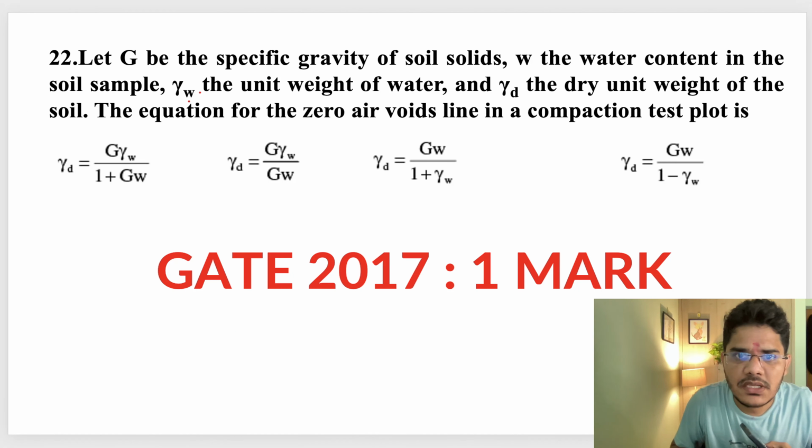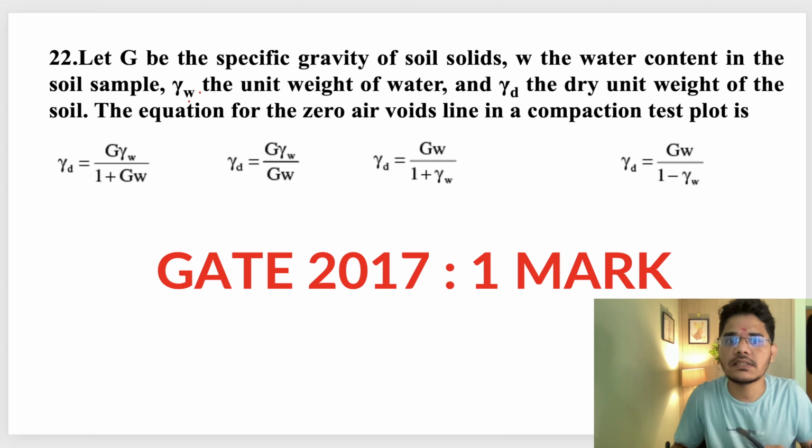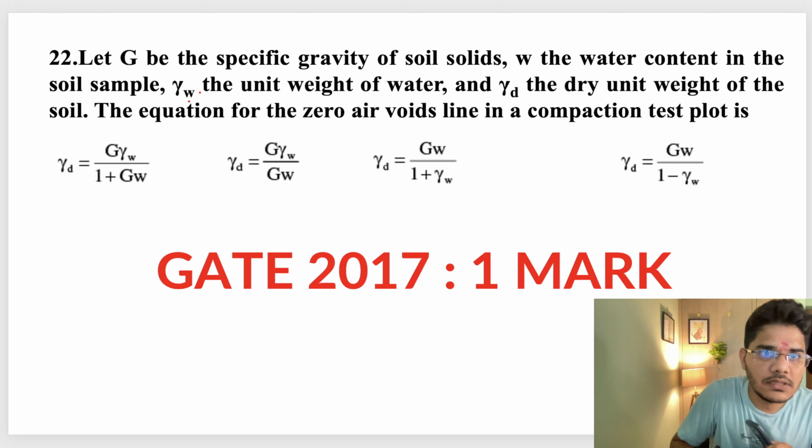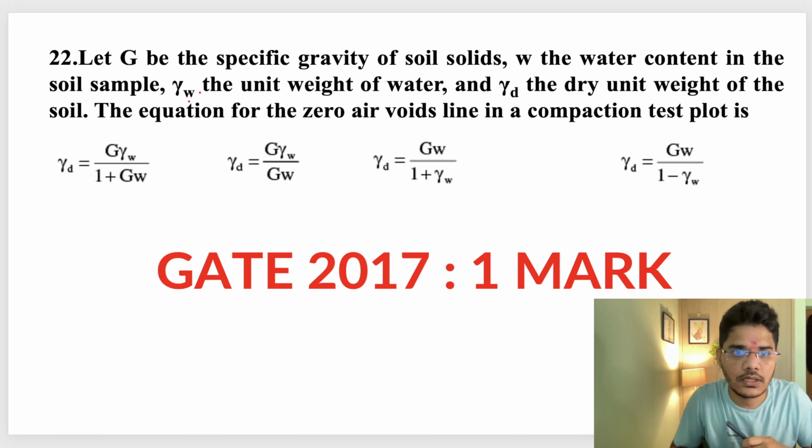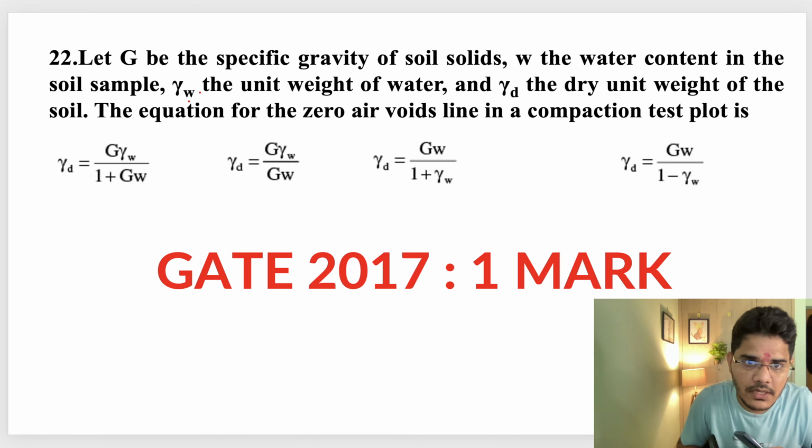Let G be the specific gravity of the soil solids and w be the water content in the soil sample, gamma W be the unit weight of water and gamma D be the dry density of the soil. The equation for the zero air voids line in a compaction test plot is. Actually, one formula is there.